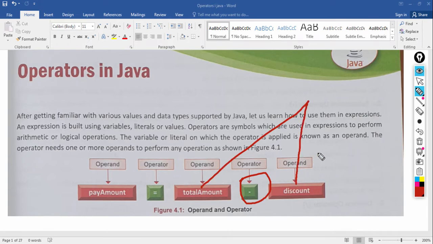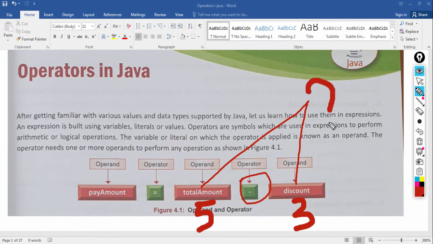So let's assume the value of total amount is 5 and the value of discount is 3. So the sub expression here is 5 minus 3. 5 minus 3 is 2, right?